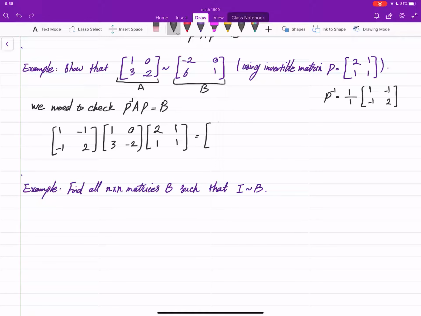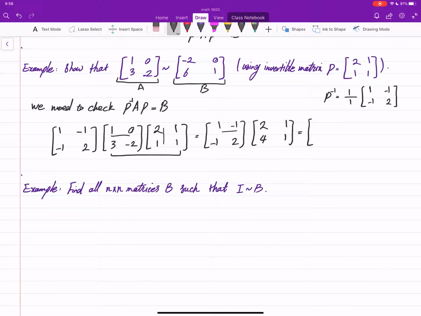First I will multiply the two last matrices. So this one will give us 1, 0 times 2, 1. This is 2, and this is 1. 3, -2 times 2, 1. This is 6 minus 2, which is 4. And this is 3 minus 2, which is 1.